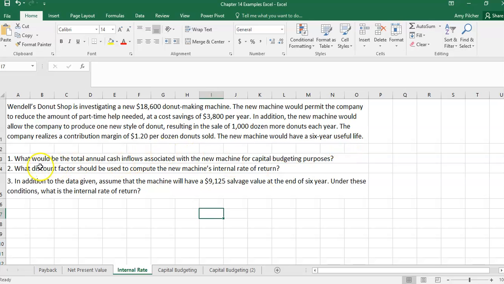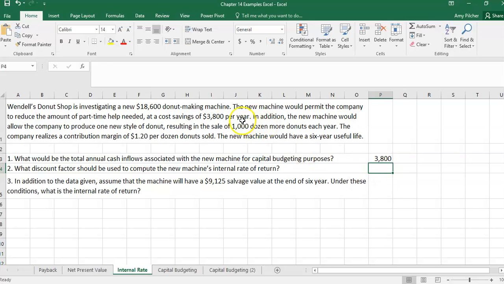The first question is, what would be the total annual cash inflows associated with the new machine for capital budgeting purposes? Well, what goes into our inflows are the cost savings. So we have cost savings of $3,800 per year.